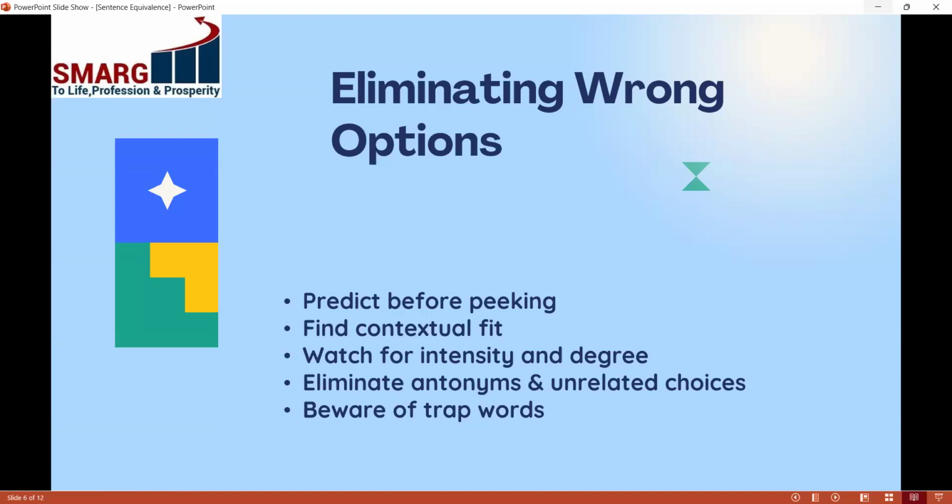Especially, this is very good for vocabulary building. Sentence equivalence is one exercise that really helps you build your vocabulary. So even if you're learning vocabulary, you can use this particular question type and make it work for you. So what should you do? Before looking at any answer, before looking at your clues, sit with the words, take a look at them, see your sentence and make a prediction. Could be wrong, could be right, does not matter, but definitely try it.